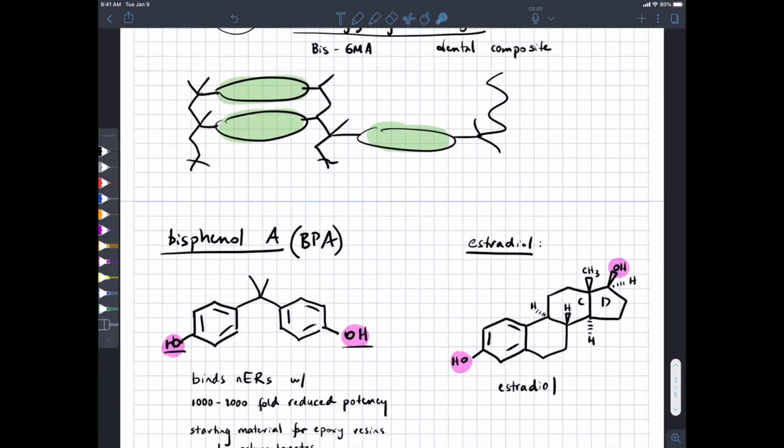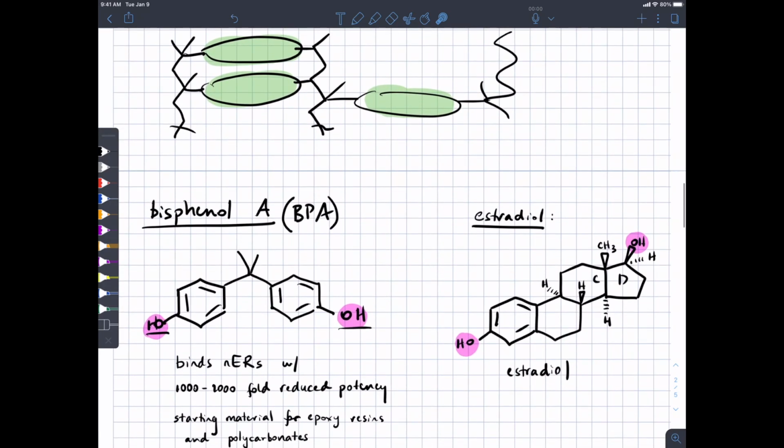It turns out that bisphenol A has been shown to bind estrogen receptors, though with 1,000 to 2,000 times lower affinity than estradiol. And look at estradiol. It also has a phenol OH group, and then there's another OH group on the other side, and the distance is not that far off from this.